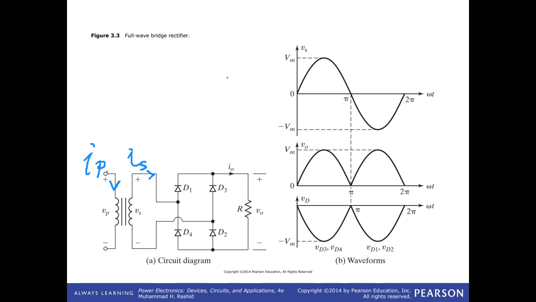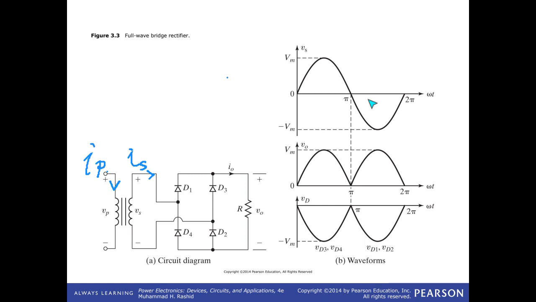This is supply voltage. And when supply voltage is between 0 and pi, that means for the first 10 milliseconds, since frequency is 50 in Turkey, total period is 20 milliseconds, and the half of it is 10 milliseconds.